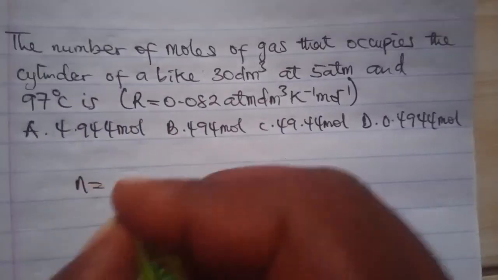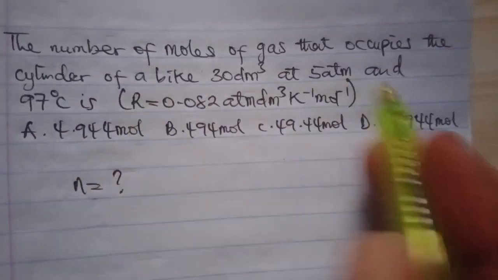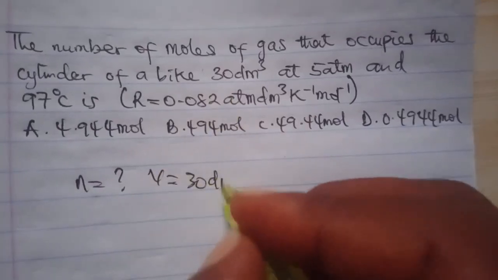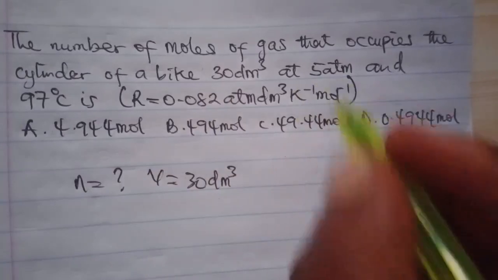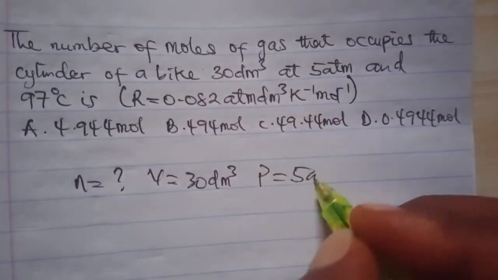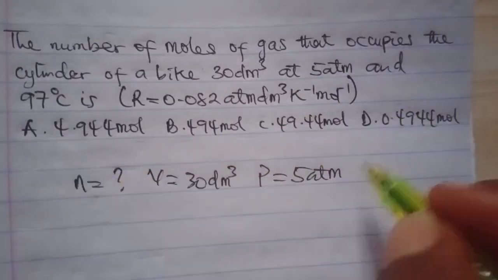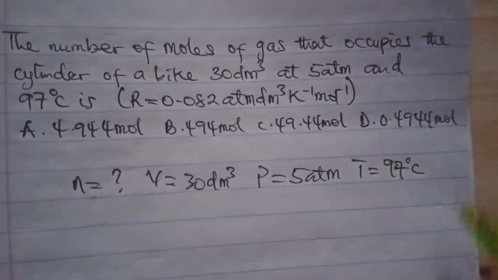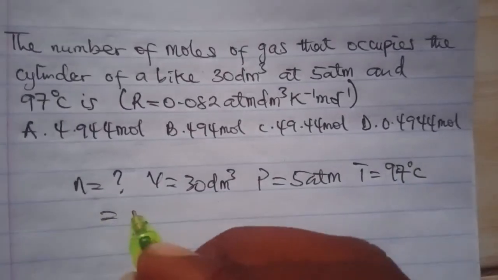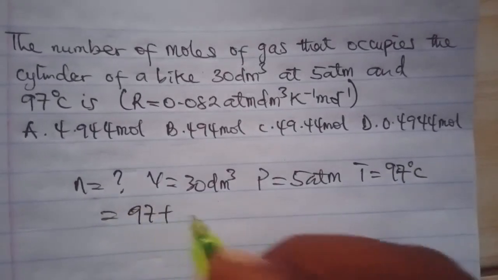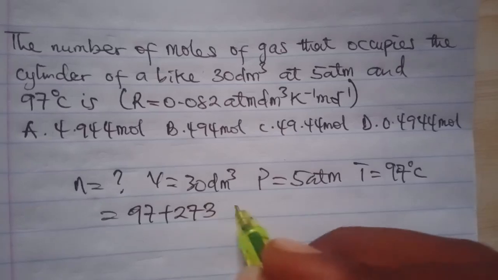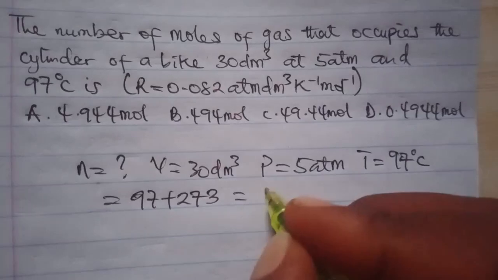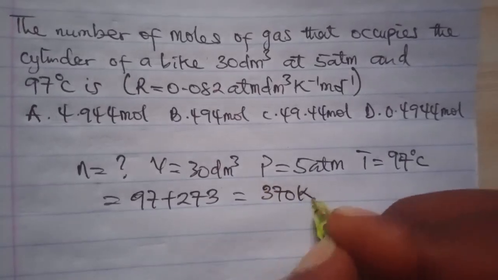So we want to find the number of moles, and they gave us the volume, 30 dm cube, pressure, 5 atmosphere, and temperature, which is 97 degrees Celsius, which is equal to 97 plus 273 to convert it to Kelvin. If we convert it to Kelvin, we get 370 Kelvin.